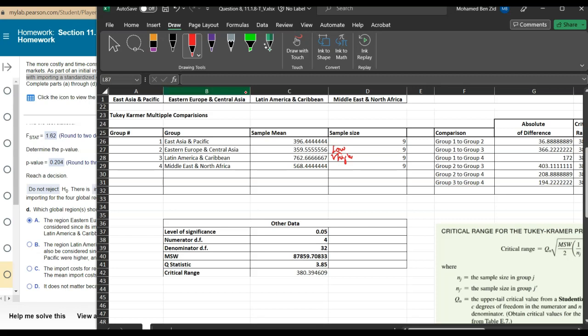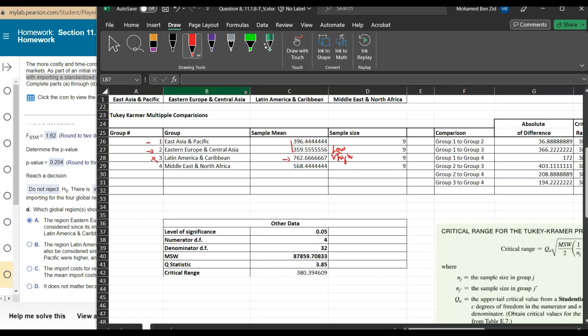So if the cost here is the highest one, definitely we want to avoid Latin America, all right? And we want to explore more the Eastern Europe and Central Asia. And while we are there, the prices here, they are not that much of a difference, right? 359 and 396, they are relatively first and second.